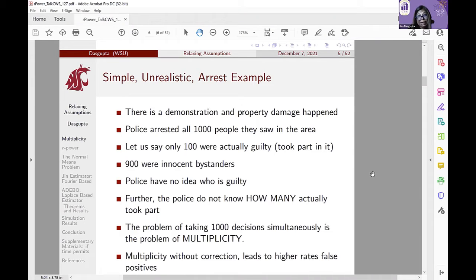So that is the idea of multiplicity, making multiple decisions. And if we are not careful, we increase the chance of making wrong decisions or false positives.